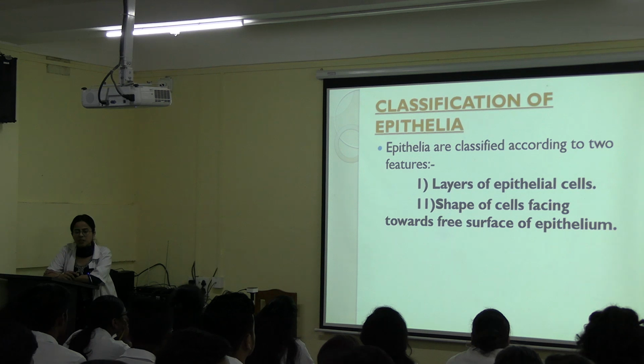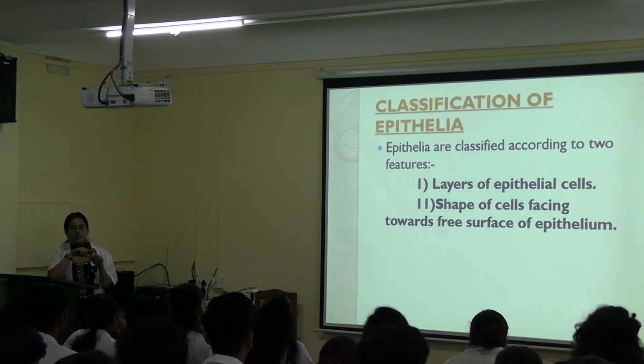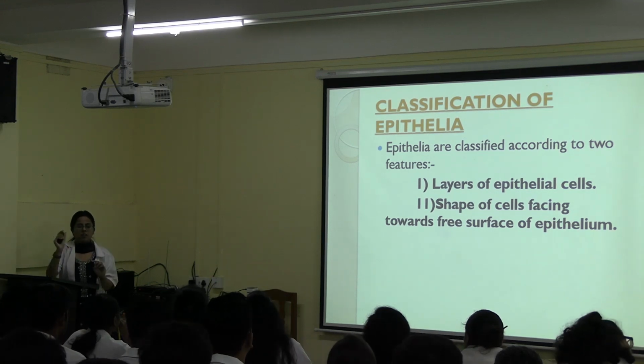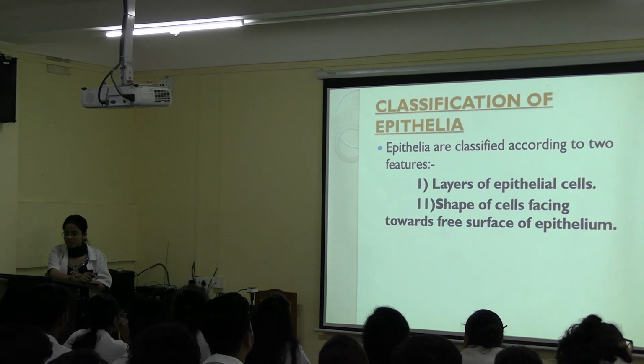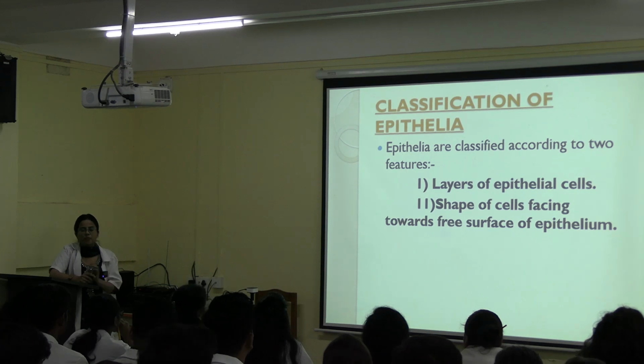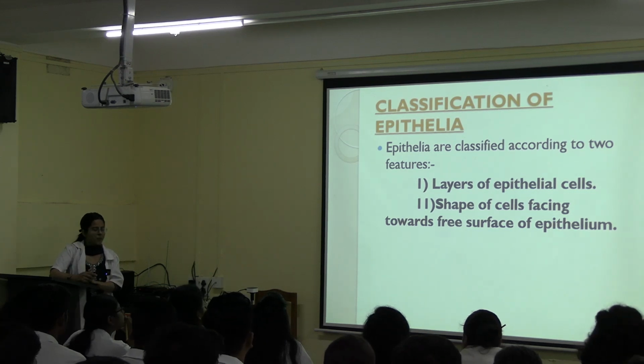So for classifying epithelium into squamous, cuboidal or columnar, you have to always see the shape of the surface cell, the topmost cell. Lower cells can be of different shapes, but you have to always see the shape of the topmost or surface cell, and then you have to tell which kind of epithelium it is.